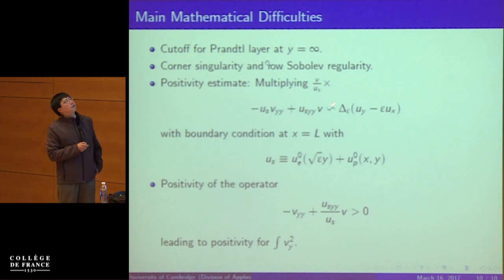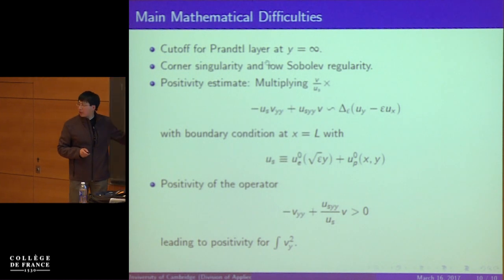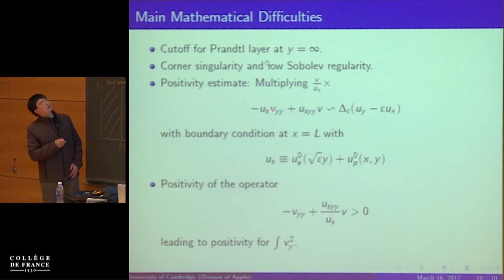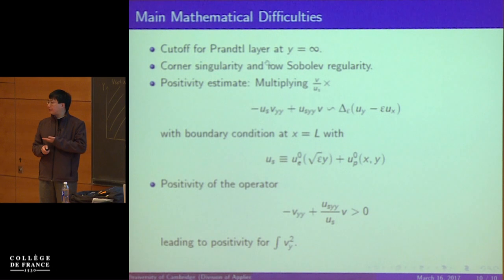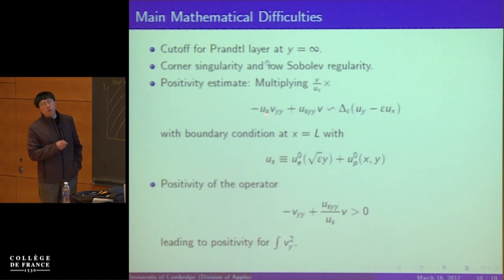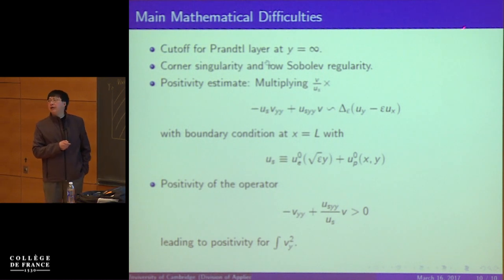Now, why is this okay in this case? Because V cannot be US. Why? Because my key assumption is that US is moving. So V has to be 0 at the boundary. That's the perturbation. The remainder has to be 0. So this is somehow excluded. That's the reason why this operator can be positive.